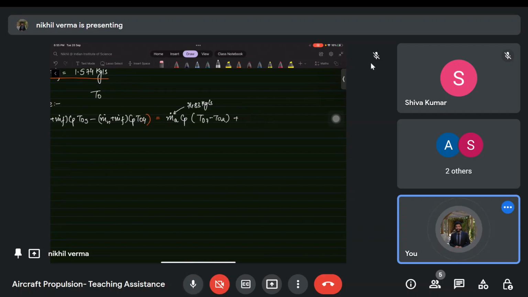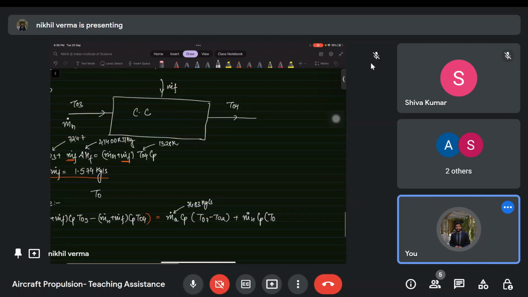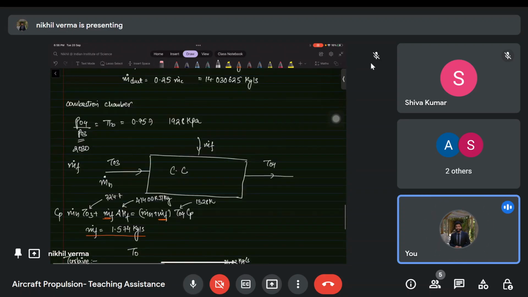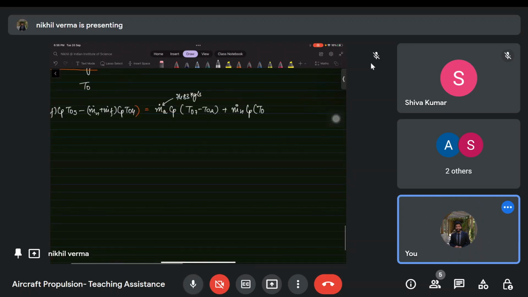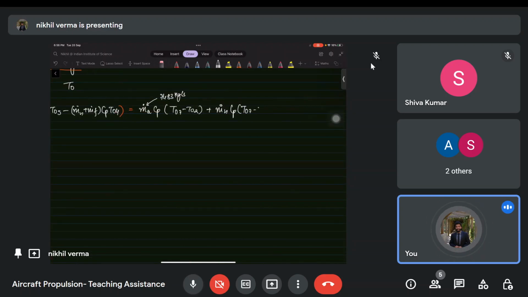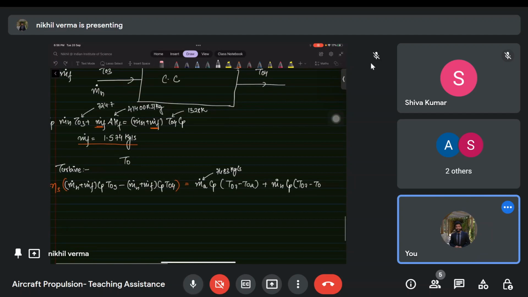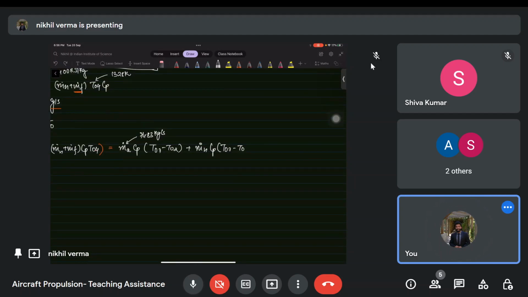Mass flow rate of the hot stream into cp, T naught 7 minus T naught 3. Yes, it is T naught 3.